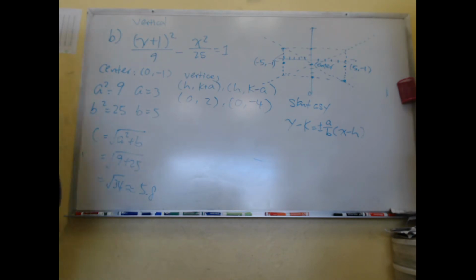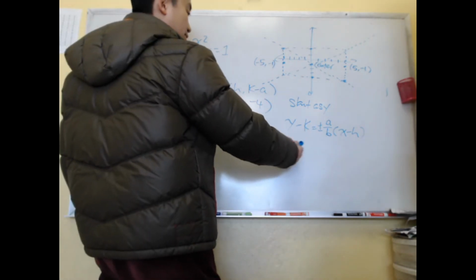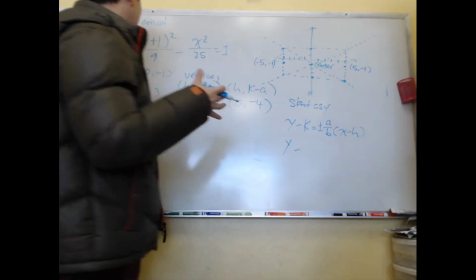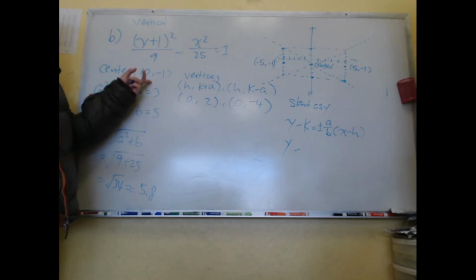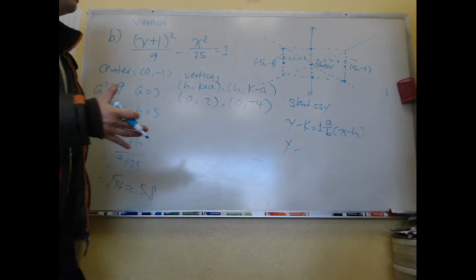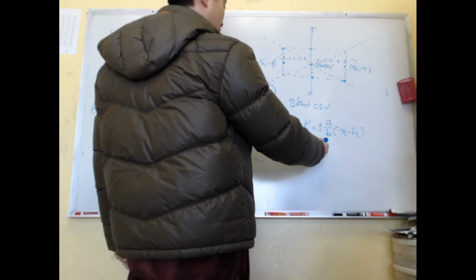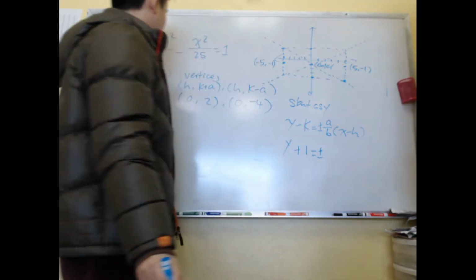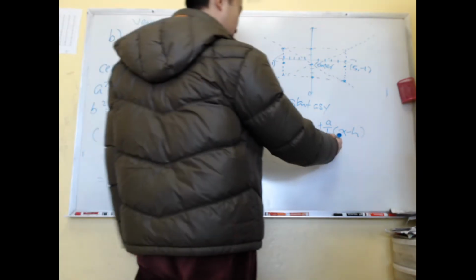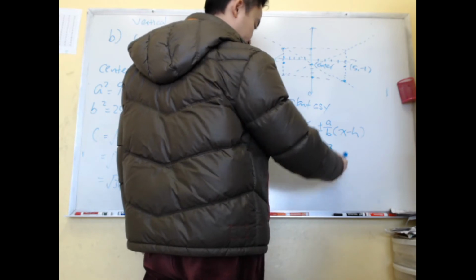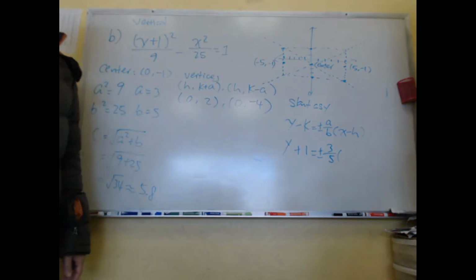Well, let's just confirm that it's correct. So y minus k, what's k? What's the value of k right here? Negative 1. Plus 1, right? A over b. So 3 over 5. Rise over run. x minus h.